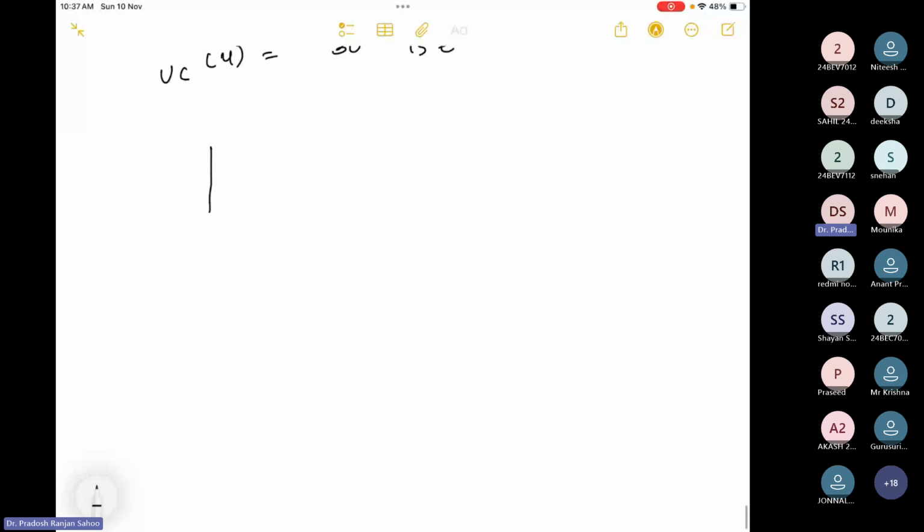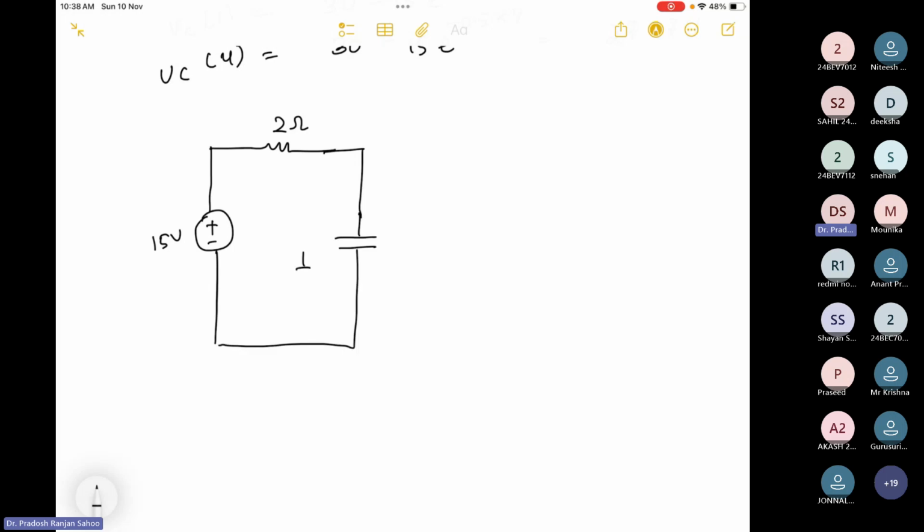The circuit is given like this. This is 15 volt, 2 ohm, this is 1 by 3 Farad, and minus plus 7.5 volt.